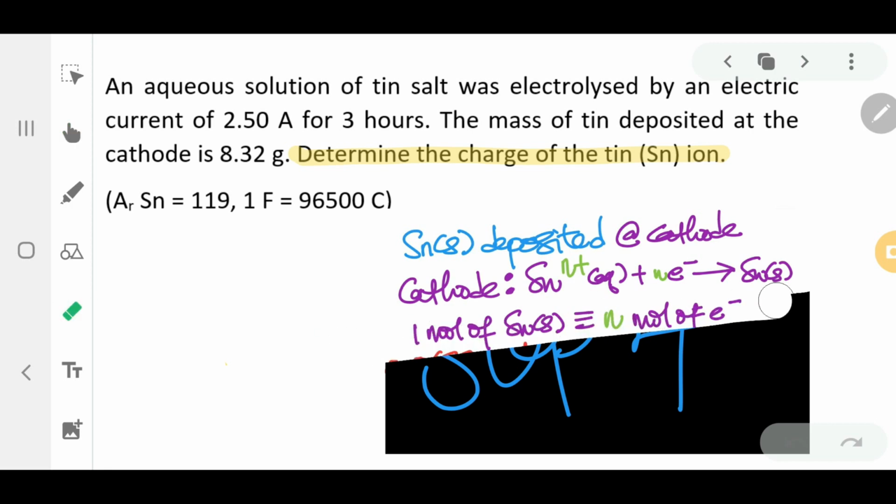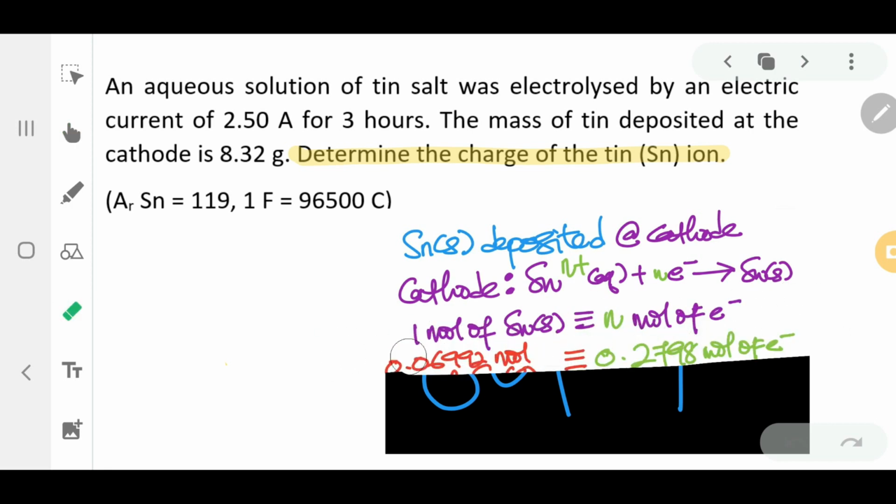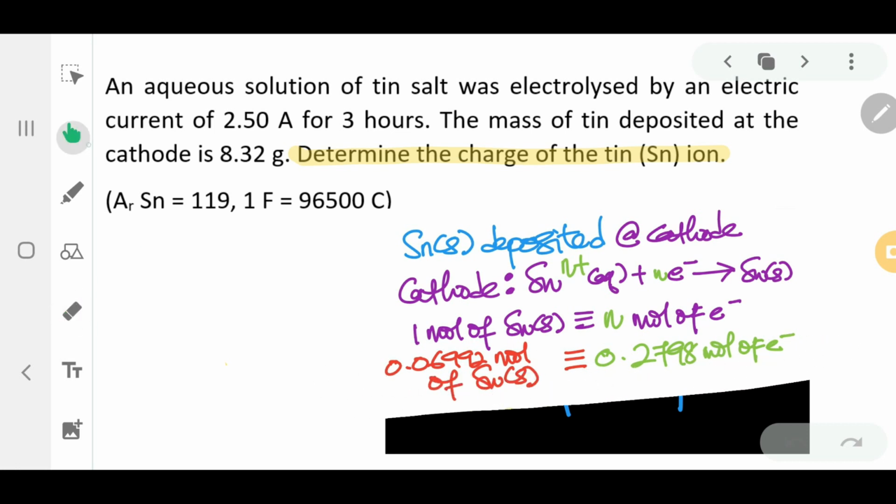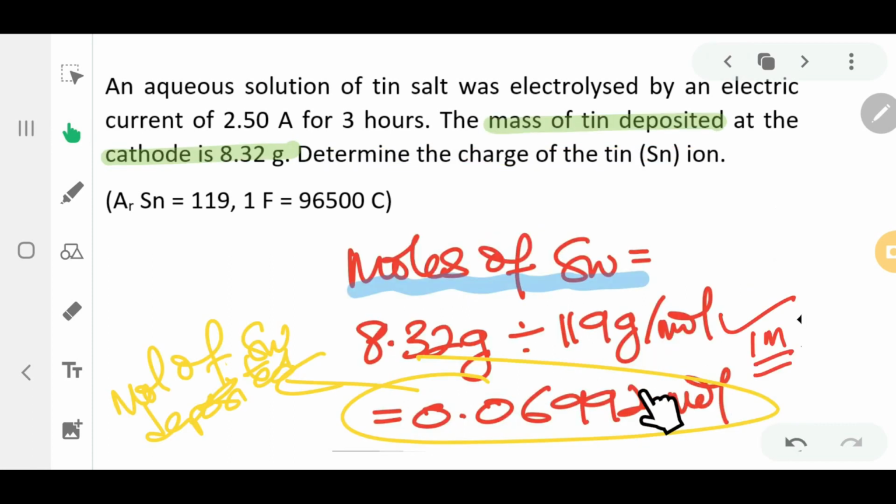So through the balanced cathode half reaction, we can see the relationship. You have 1 mole tin solid. 1 mole of tin solid is equivalent to n mole of electrons. So we're going to compare with the number of mole of tin solid that we have got in here.